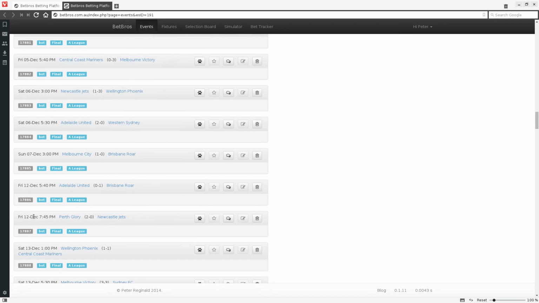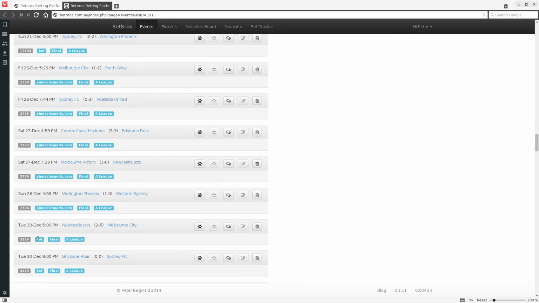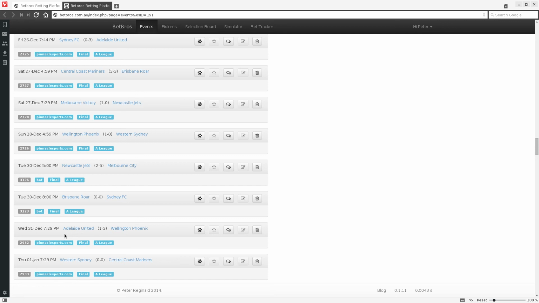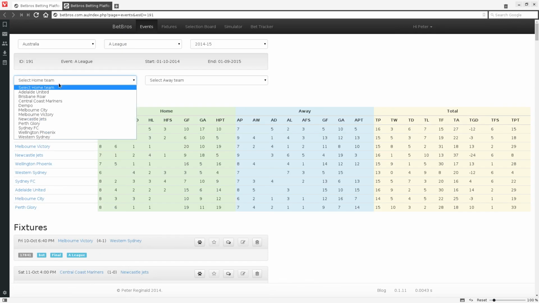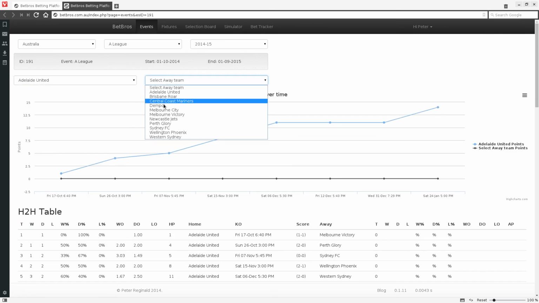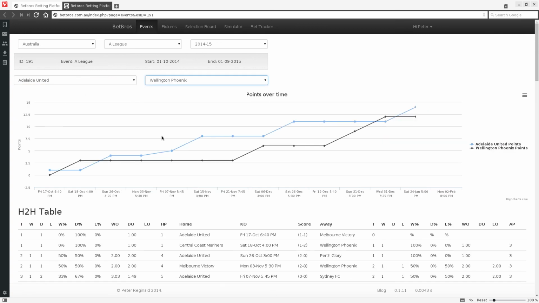let's look at this match that finished on the 31st of December, New Year's Eve. Adelaide United versus Wellington Phoenix. Ooh, interesting, a line chart here where there's intersections here and here and here.